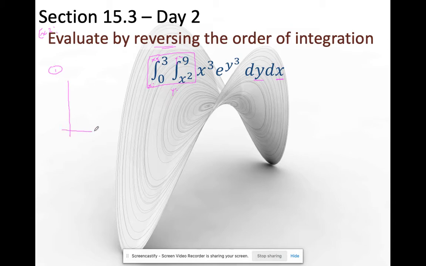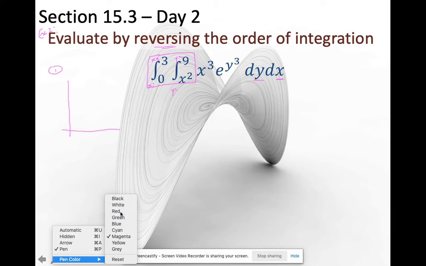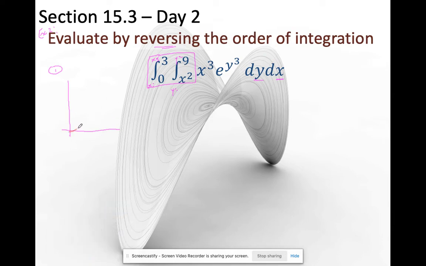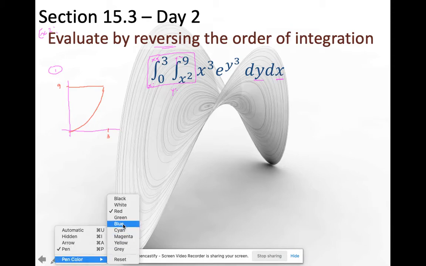So when I draw that domain, I have y equals x squared, and y equals 9. With x on the outside, we were drawing vertical strips.